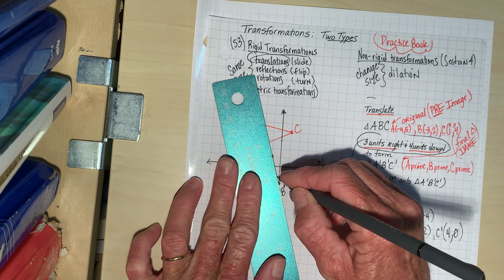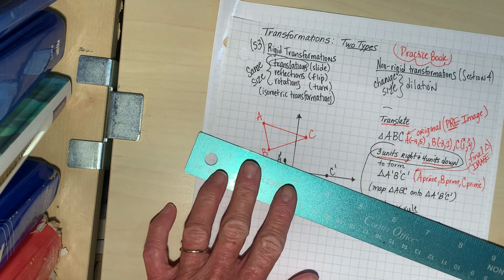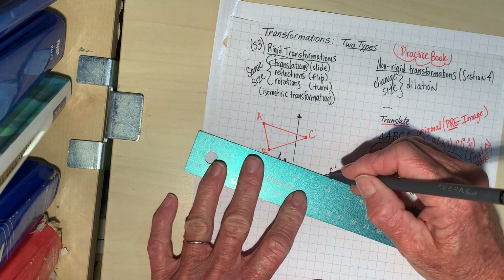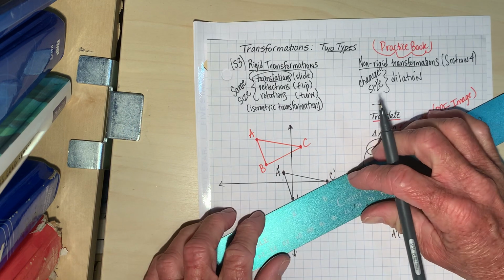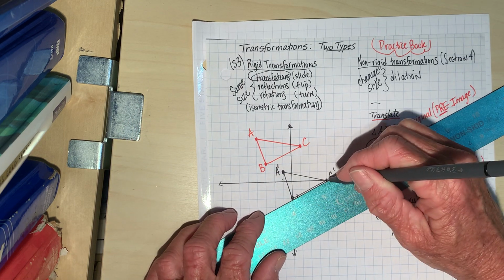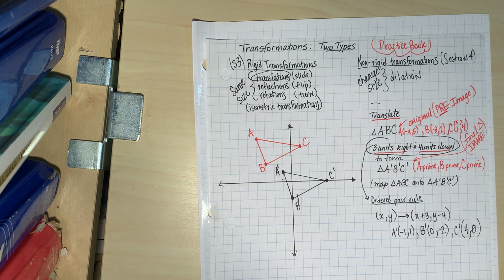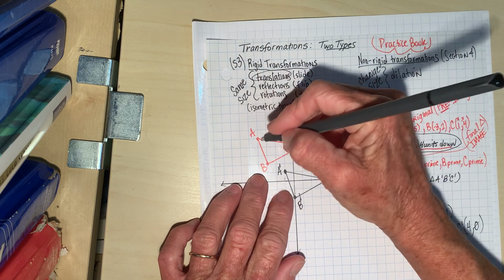Now remember I said that a translation was a rigid transformation and that the shape wouldn't change. So I'd just like to show you that with a piece of transparency paper. And all I'm going to do is I'll trace our original triangle, and then I'll just show you that it remained the same.